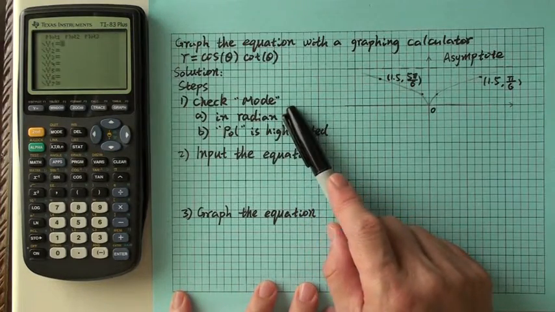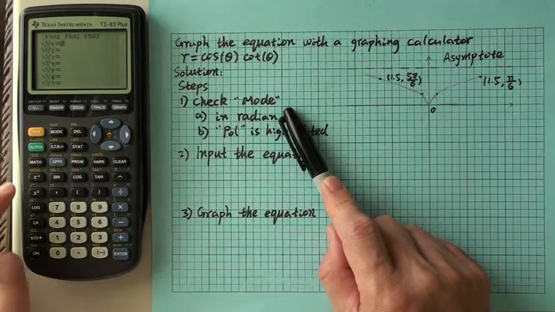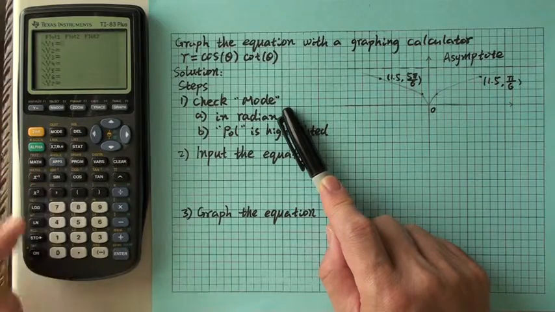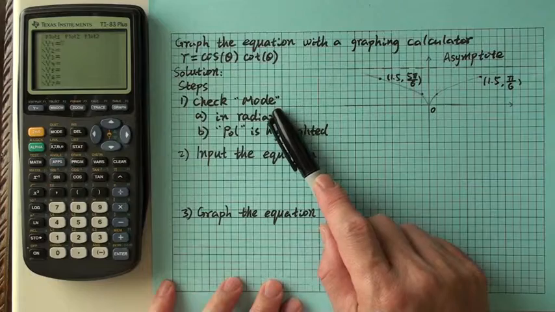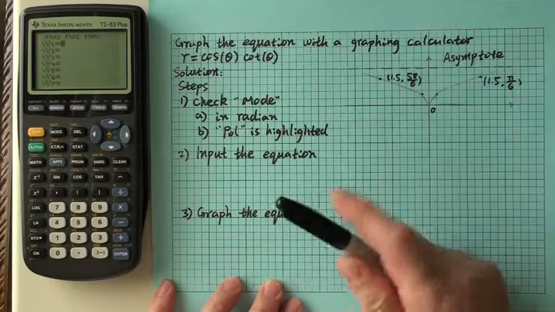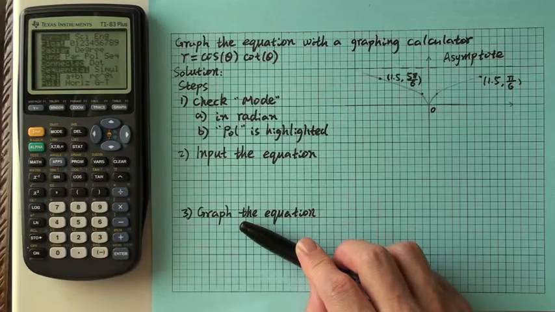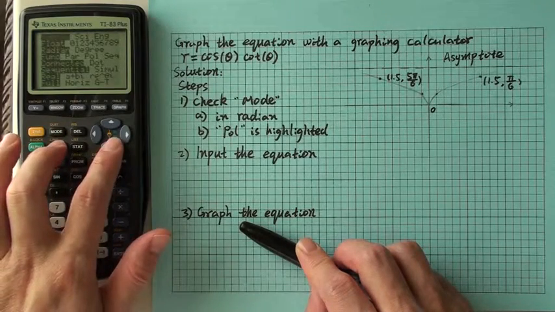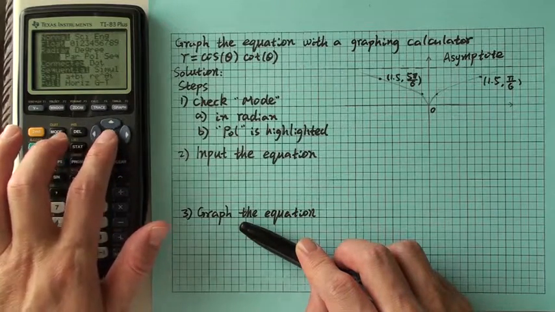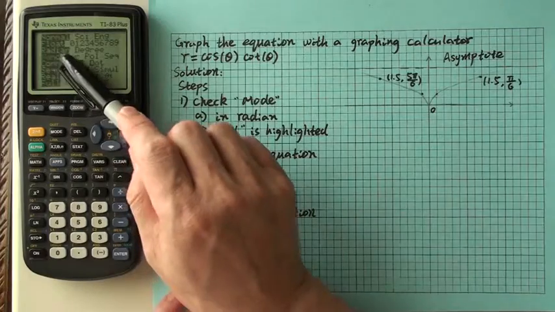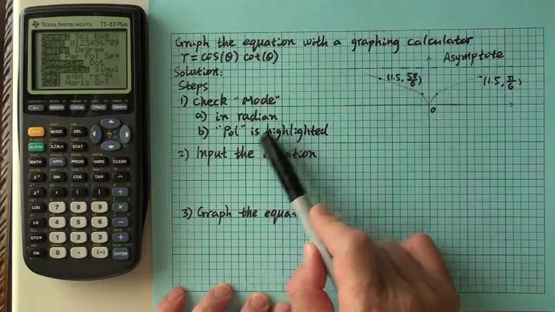Here are the steps. First of all, you want to check the mode. In the mode, you want to do two things. One is, when you click on mode, you want to check that radian is highlighted. You see the radian, the third row, is highlighted. That's fine.